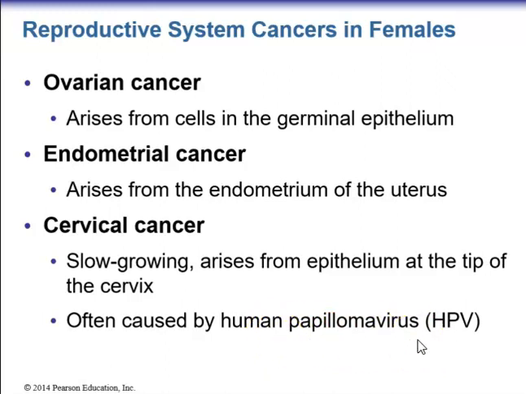Now, fortunately, there is a vaccination against HPV, which is usually given to pediatric patients before they've started having any sexual contact. So vaccinations are always good. I believe it's called Gardasil. So again, this protects you from the HPV virus, as well as potential for cervical cancer.